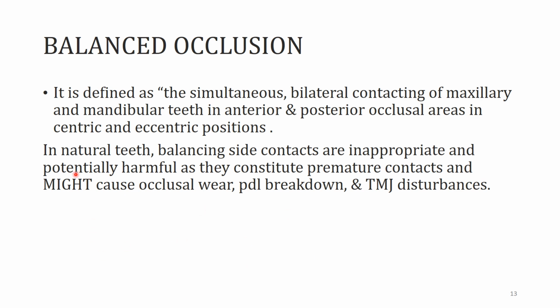In natural teeth, the balancing side contacts are inappropriate. The balancing side is the one which we move the jaw towards, and such contacts are potentially harmful. They lead to premature contacts, and that might create problems with the PDL, TMJ disturbances, and occlusal wear.